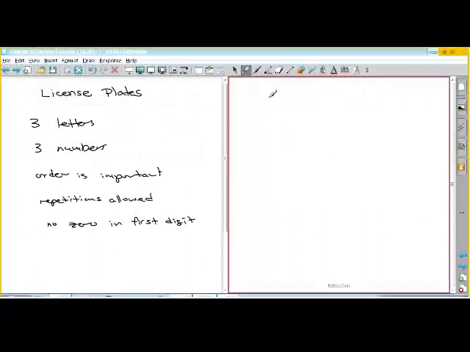So again, it comes down to a fundamental counting principle problem. So you're going to have 6 steps. So I'm just going to write the steps down. The steps are going to be to choose letters, number of choices.